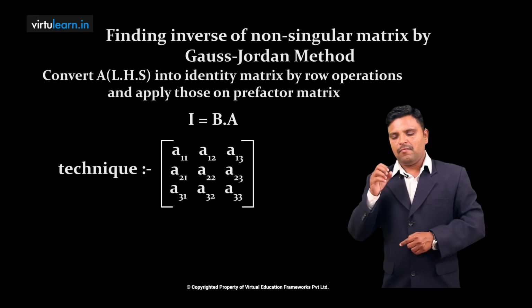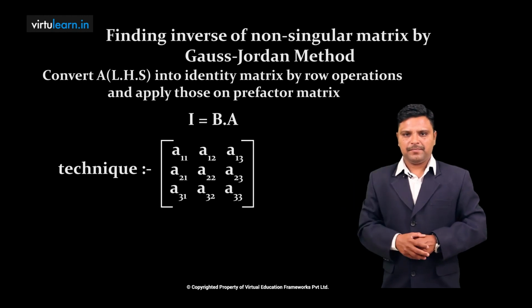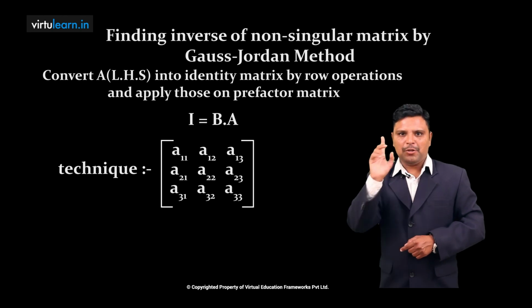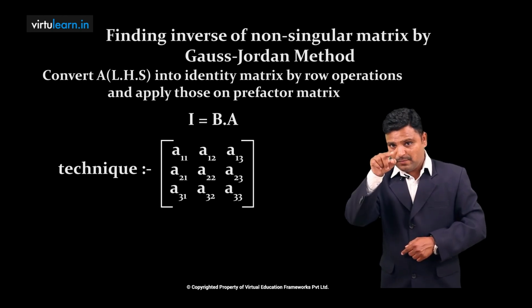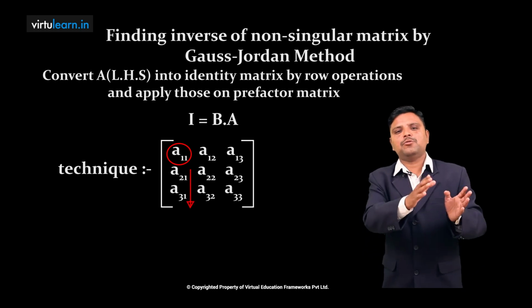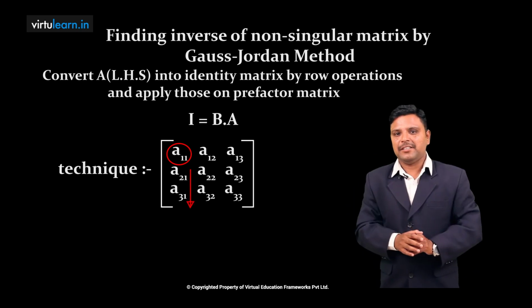Every time use the principal diagonal elements. Using the first principal diagonal element, make the elements below it zeros using row operations. R2 changes as R2 minus something like that. You have to do some calculation.